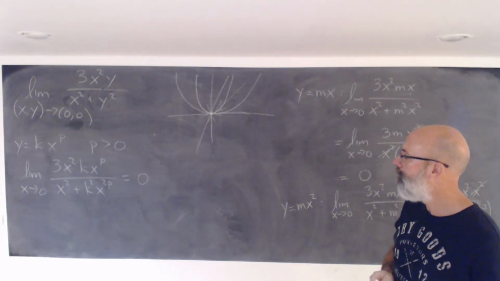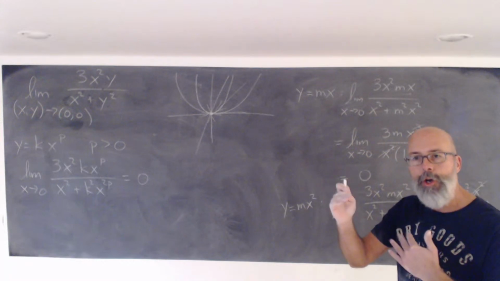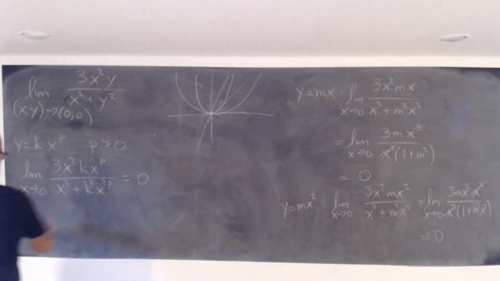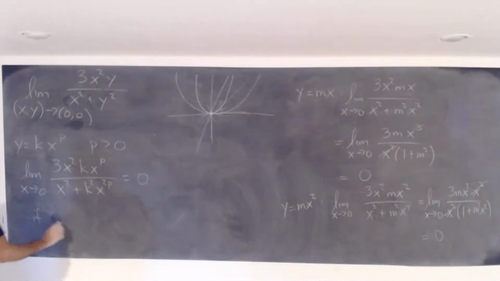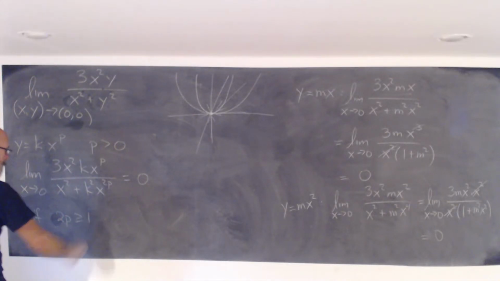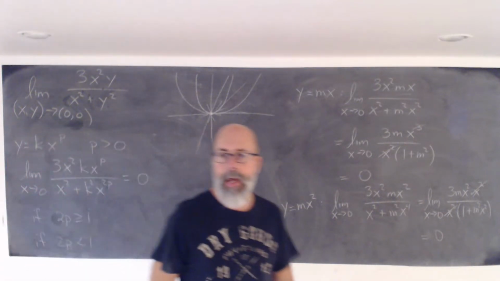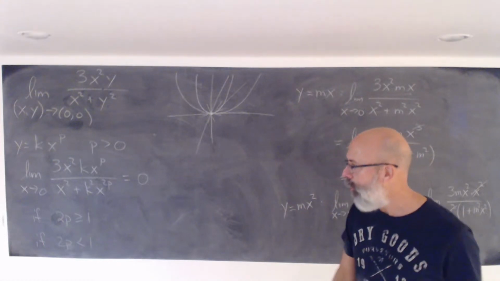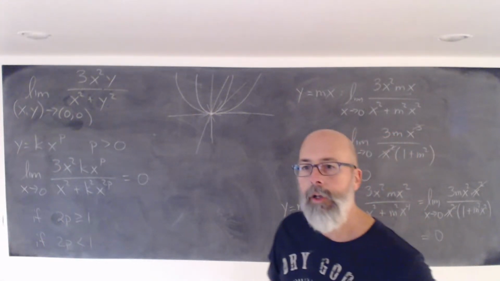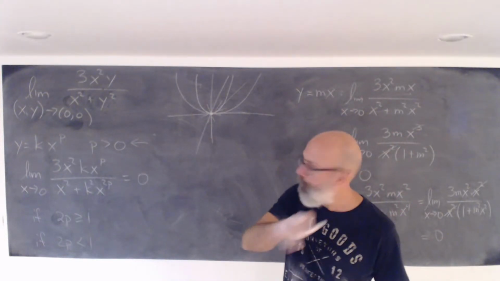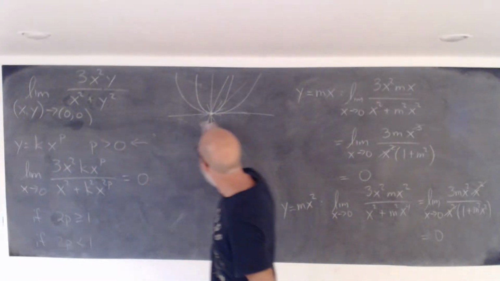So on an exam, I would expect you to treat both cases, if 2p is bigger than or equal to 1, or if 2p is less than 1, and convince the marker that both cases give you a limit of 0. What about when p is negative? Well, we made the assumption that p was positive, because if p is negative, this will not go through the origin.